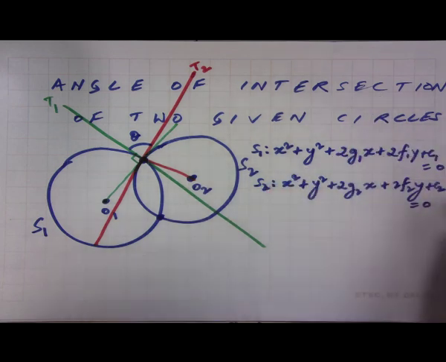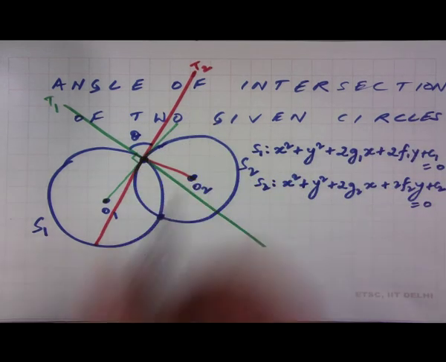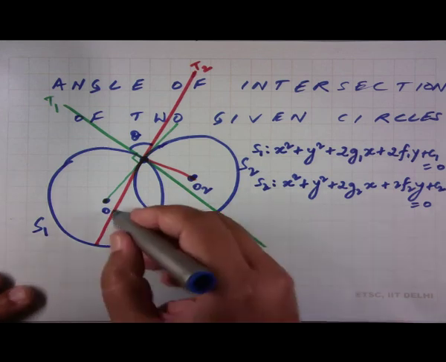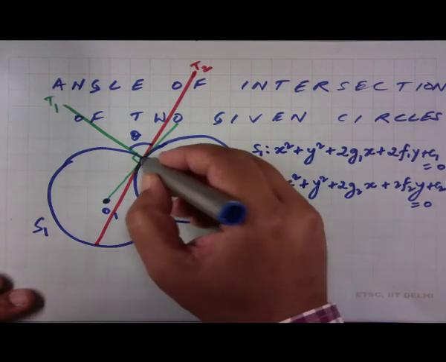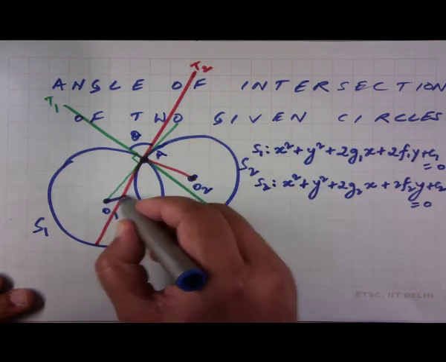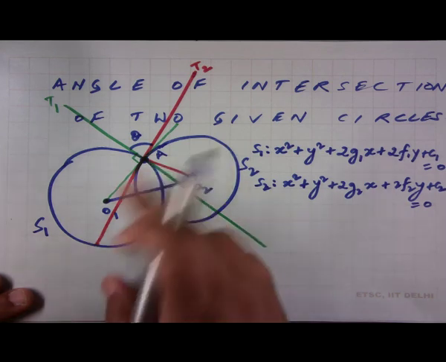Now, given the equation of the two circles, we should be able to find this angle of intersection theta.